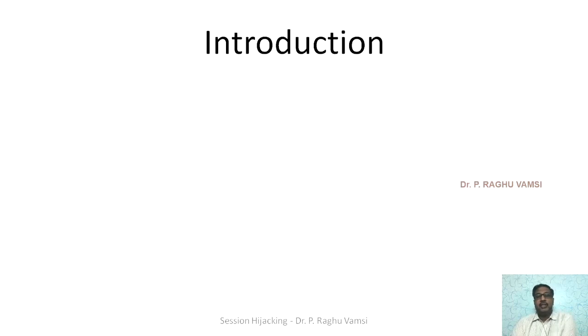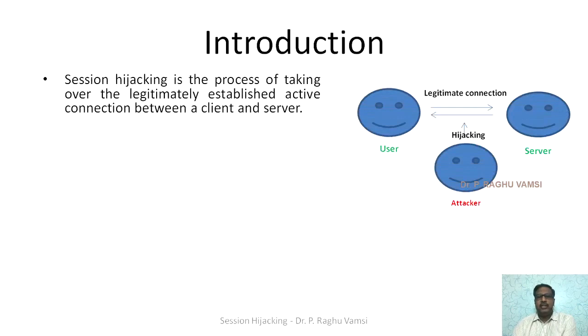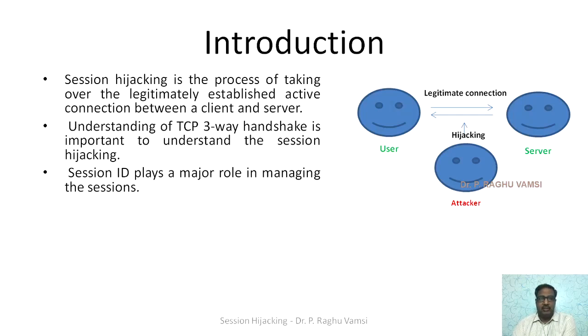We have seen the introduction and motivation behind session hijacking, in how many ways session hijacking can be performed, and other details in the last lecture. Basically, session hijacking can be done at two levels. One is at the application level, another is at the network level.